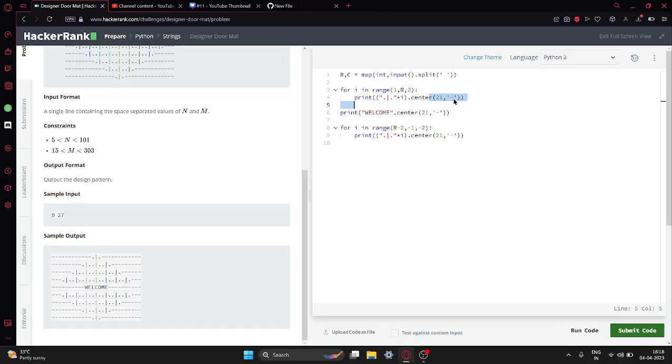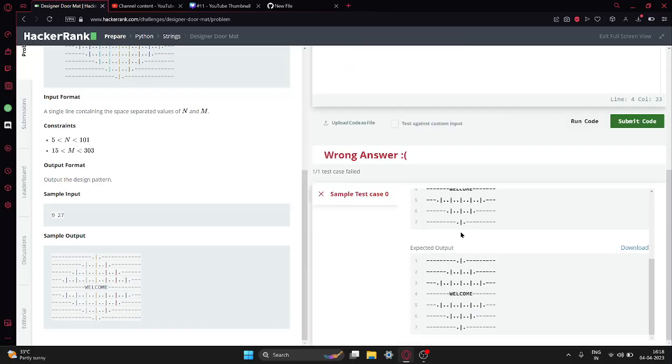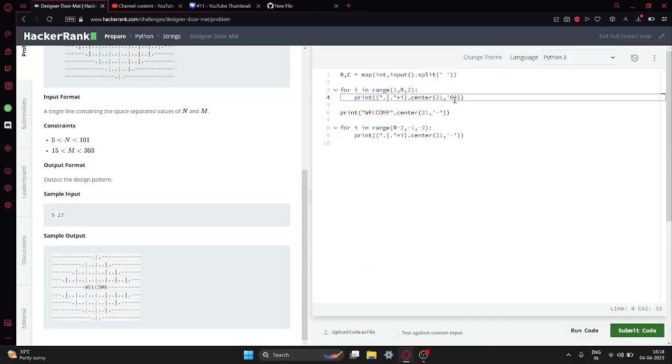The center is 21 dashes wide, which means everything except the center is simply dashes. If you want, we can keep any characters, for example 0, and it can be done in this way also.